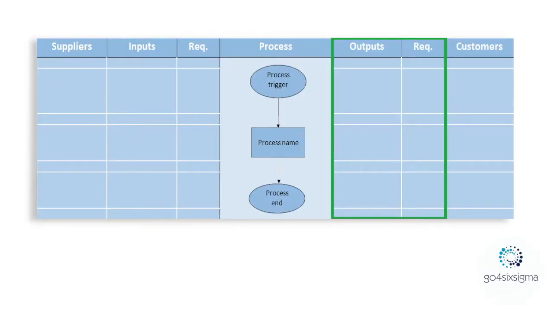The next part of the SIPOC is outputs. Outputs is what the customer can see, and the customer can feel the differences in outputs. For example, if a customer orders a pizza in a restaurant, the customer can see the difference in waiting time, and the difference in how the pizza looks, but the customer has their own requirements.